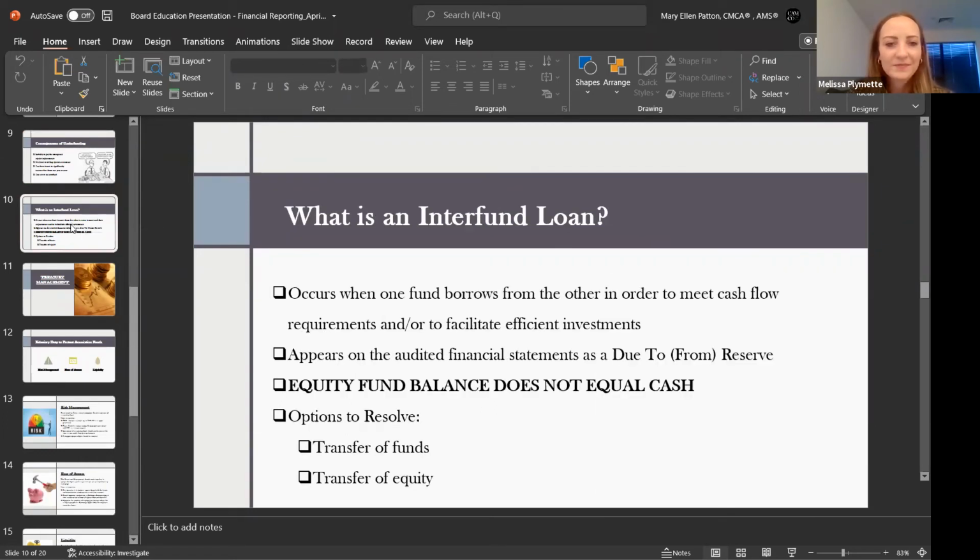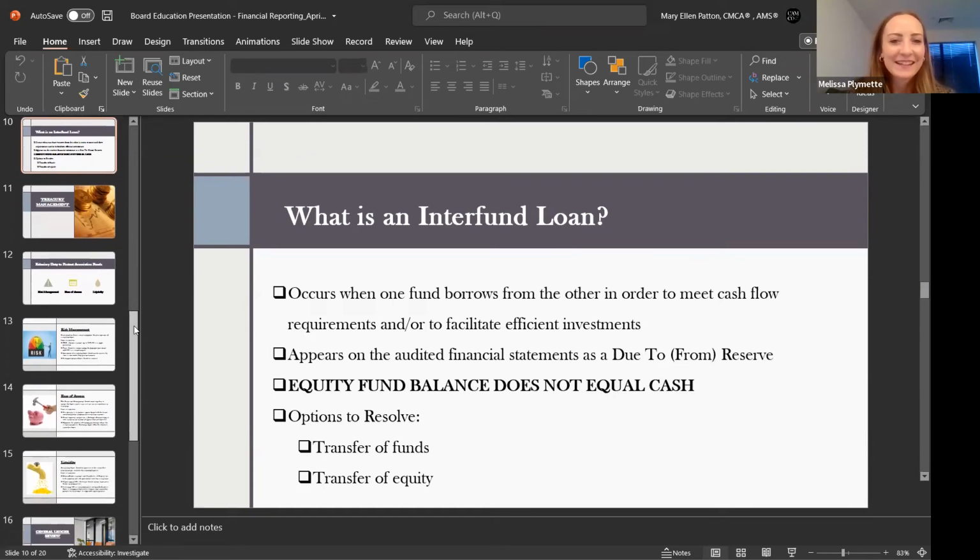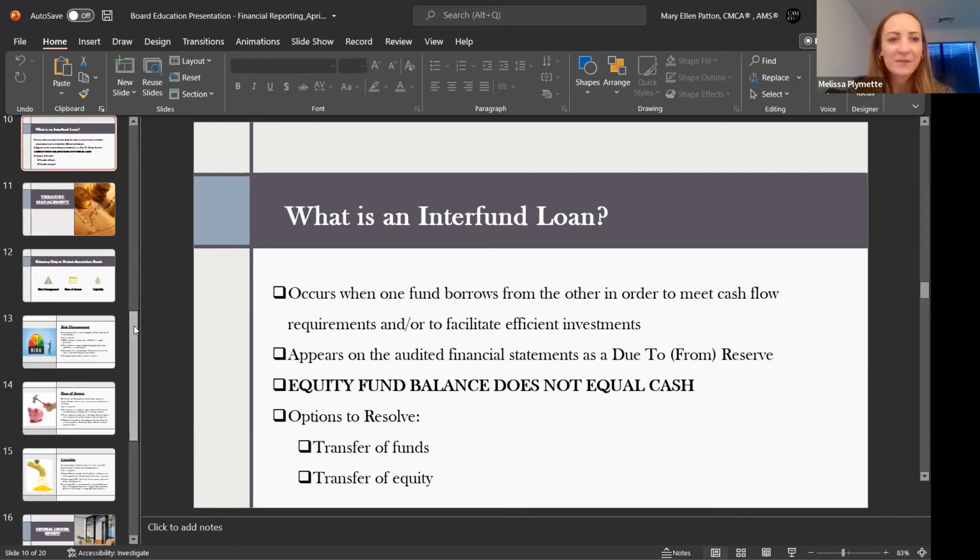Next slide. So this brings me to my next point. What is an interfund exactly? We see this term come up pretty often this time of year, as many of our associations are going through audits right now. Associations that are on a calendar year end are probably going through an audit or have just completed one, and the interfund tends to come up.